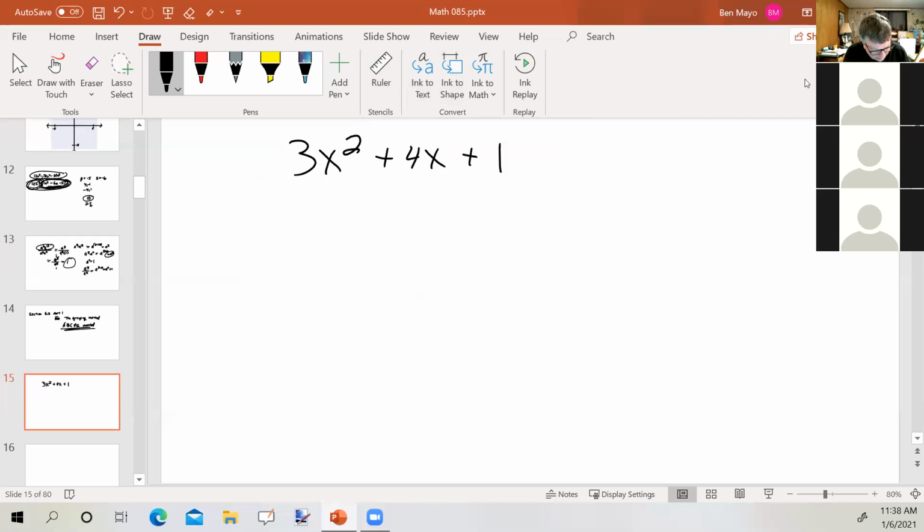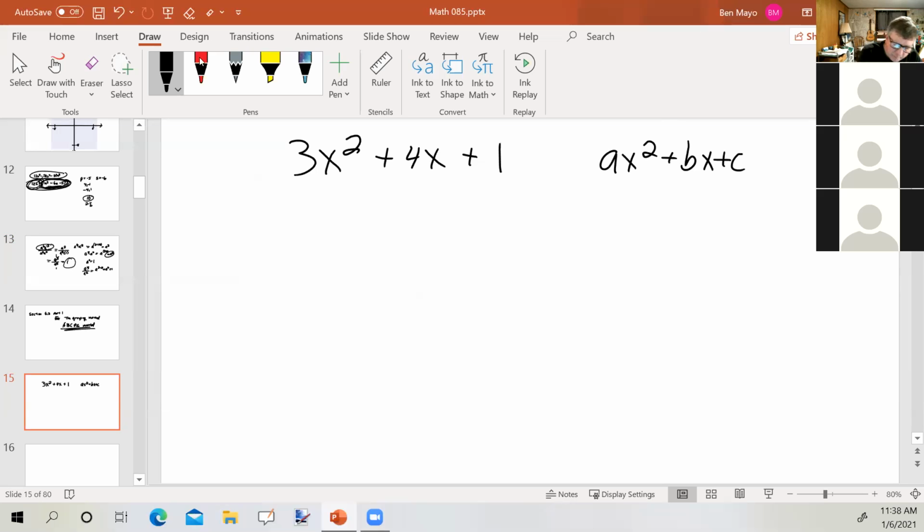Okay. Anyway, so here we have a trinomial. It's in standard form, descending powers of the variable, x squared, then x, then no x at all. There's no greatest common factor that I can remove. All right. Now, I want to think of this as ax squared plus bx plus c.